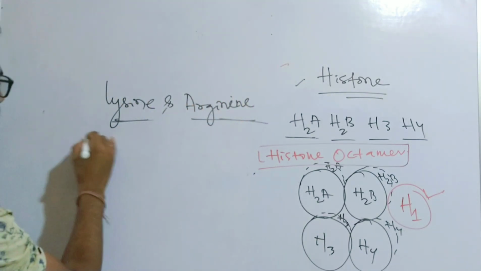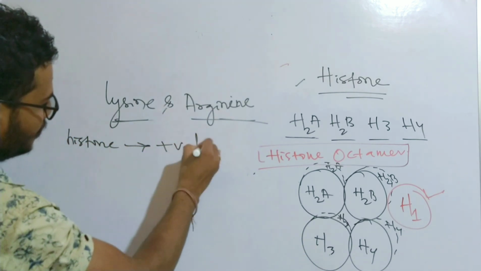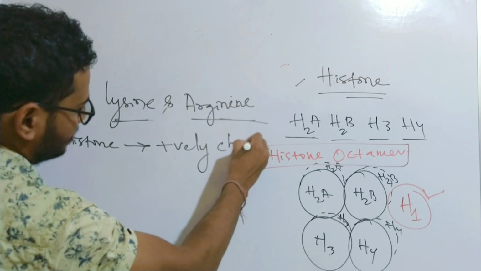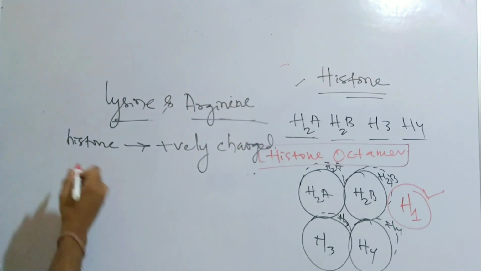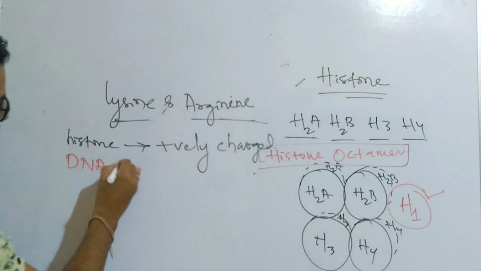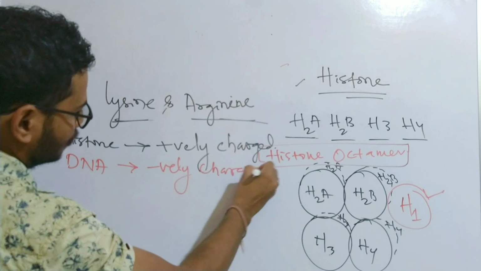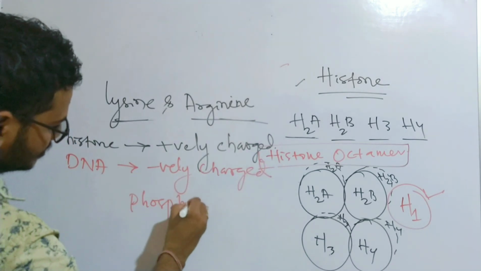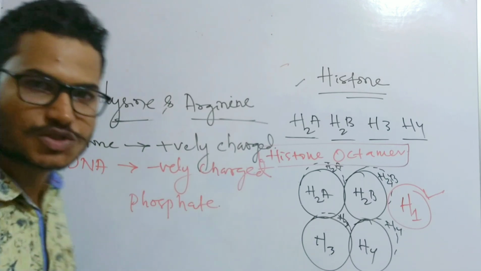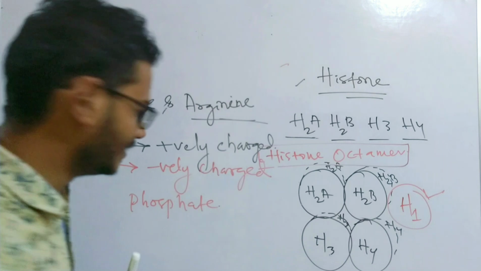Okay, so the histone protein is positively charged, and we know the DNA is negatively charged. Why? Due to the presence of phosphate in the sugar phosphate backbone that we have studied in the structure of DNA.